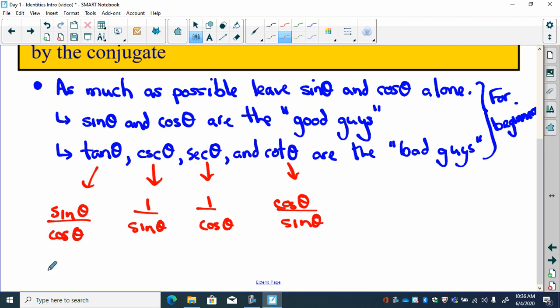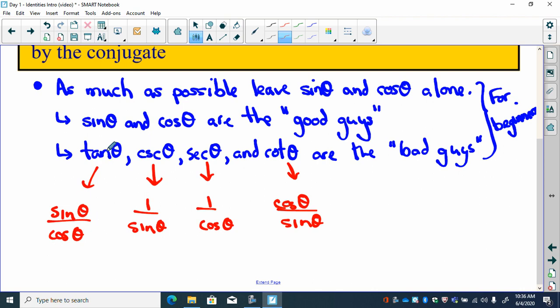These actually have a reciprocal form as well. I could use 1 over cotangent, still a bad guy. Cotangent is 1 over tangent, which doesn't really help me out because I'm still expressing it with a bad guy. So all of the trig ratios can be expressed in terms of sine or cosine.